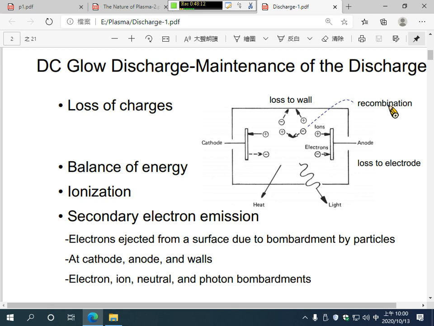So there are several loss processes for the charged species. Okay, and we also need to be concerned about the loss of energy by emitting light and by the heat transfer from plasma to chamber wall.